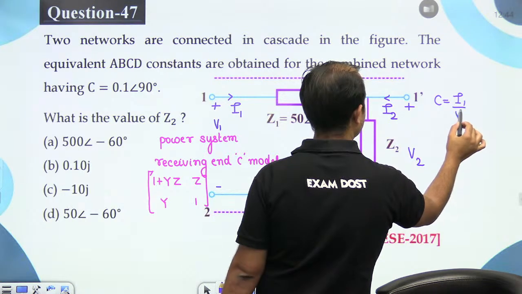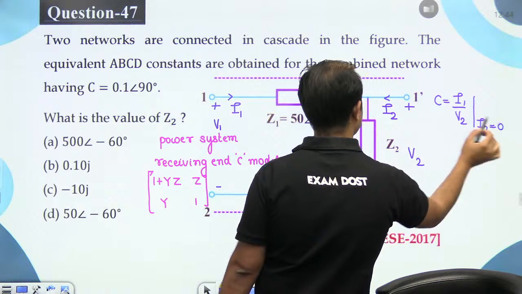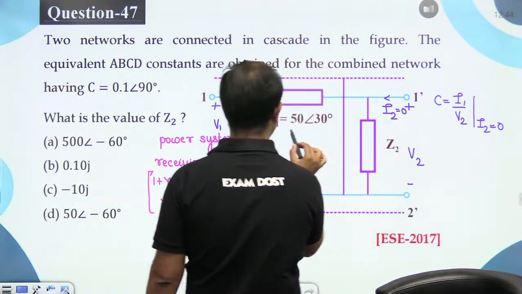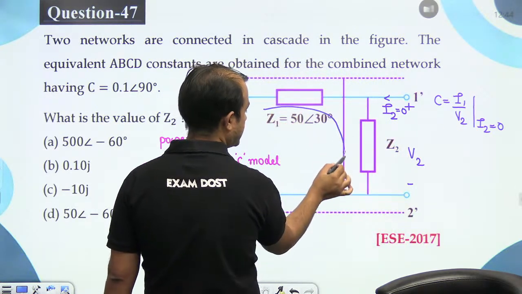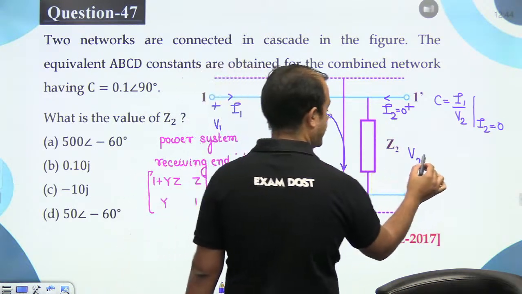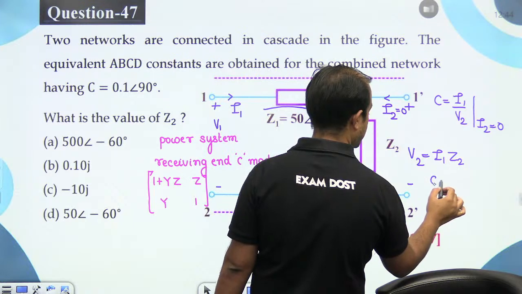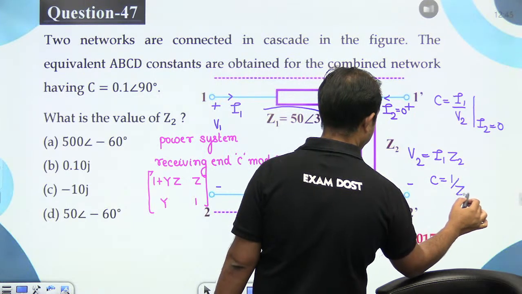I1 by V2 when I2 is 0. So I2 is 0. So I1 will flow like this. ठीक है, तो V2 will be I1 Z2. तो C is 1 by Z2.